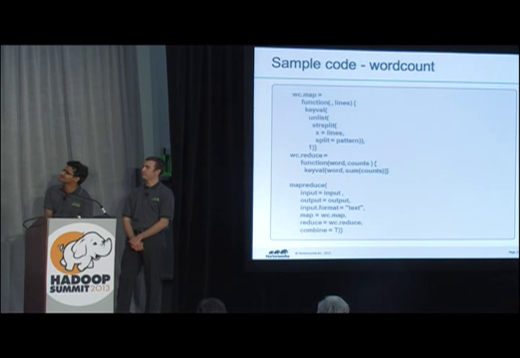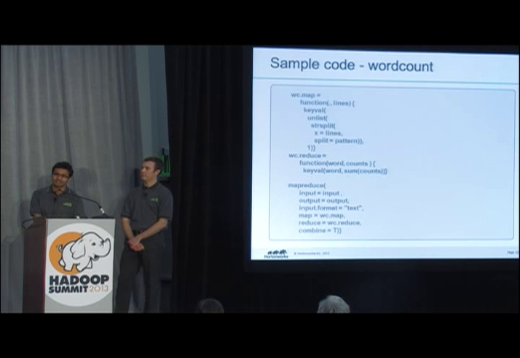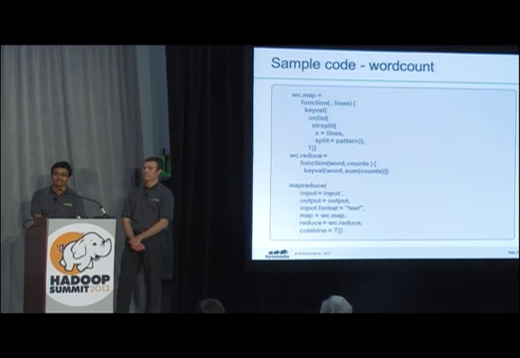Okay, this is one of the sample codes. We start with a word count, as in most Hadoop samples. What you see there at first is a map function, which is splitting the lines based on a pattern, and then there is a reducer which is doing a count on a key and values.